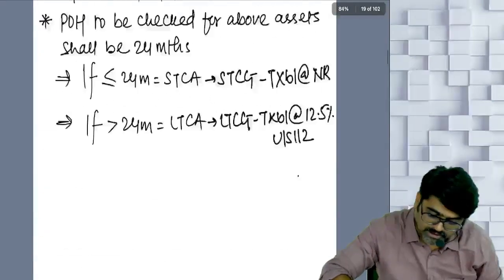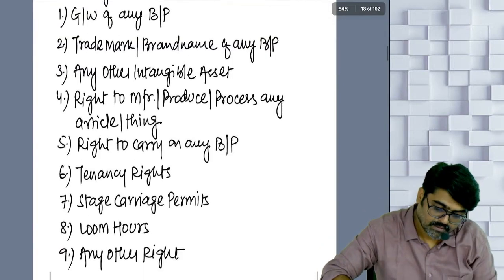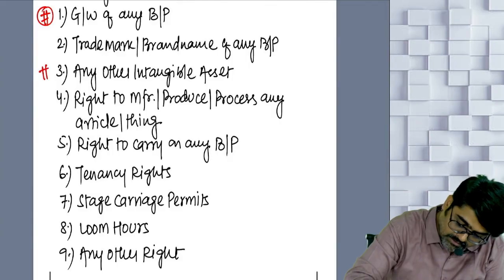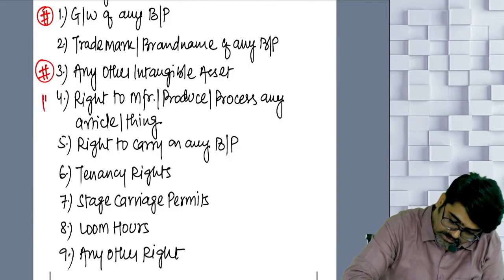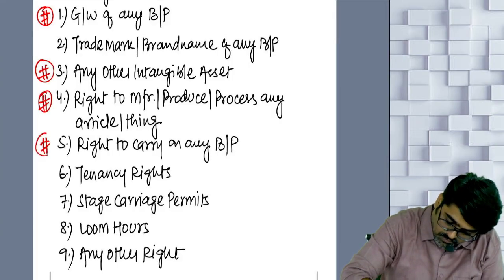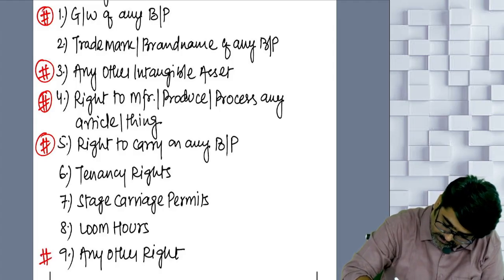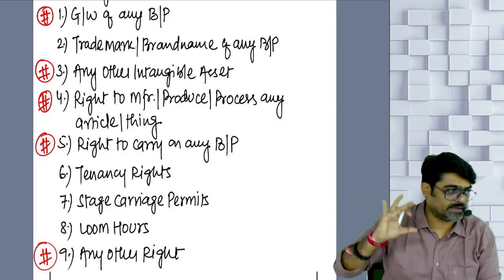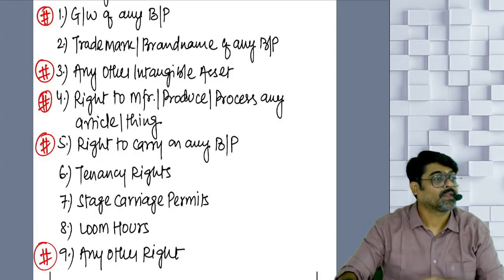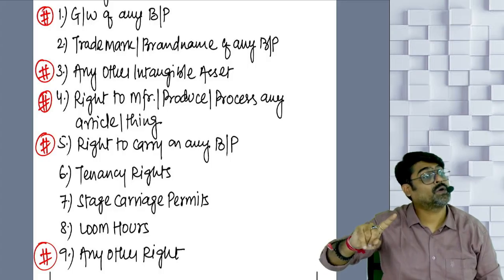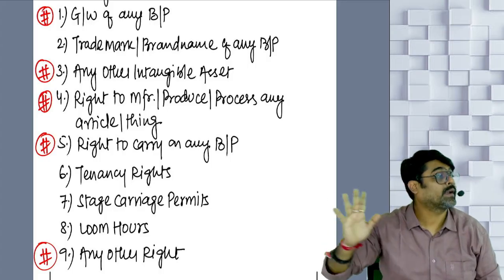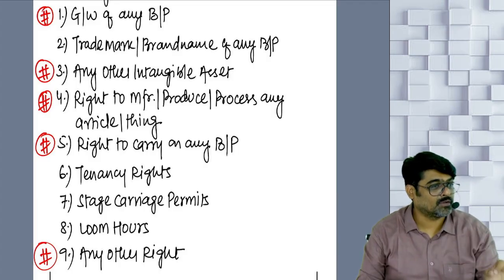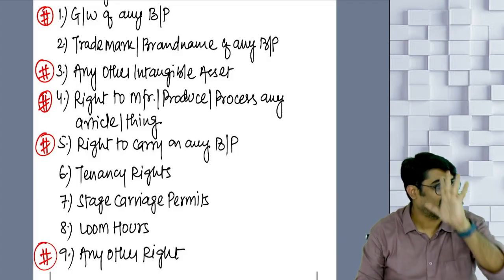Meaning, can I say I'm talking only about asset number 1, asset number 3, asset number 4, 5 and 9. Okay? Hashtag for these assets. What did I say? If they are self-generated or they are acquired, their cost of improvement will also be taken as nil.